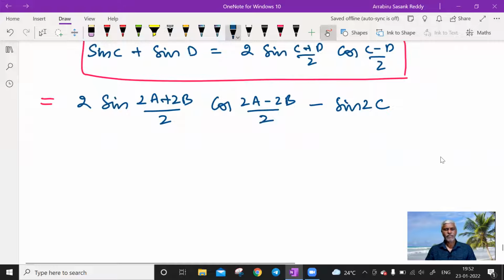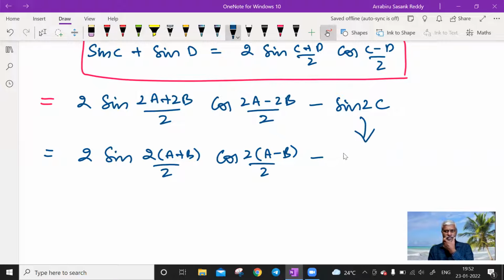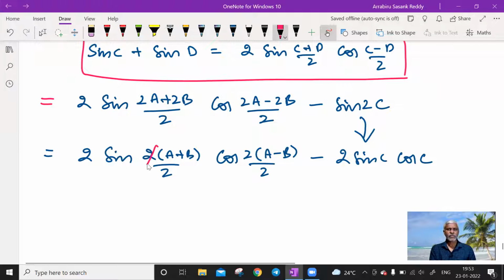Almost the same, no change. Writing sin 2C as 2 sin C cos C, this becomes 2 sin(A plus B) cos(A minus B) minus 2 sin C cos C.